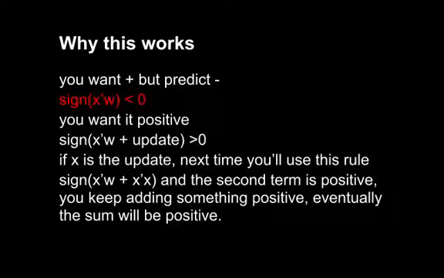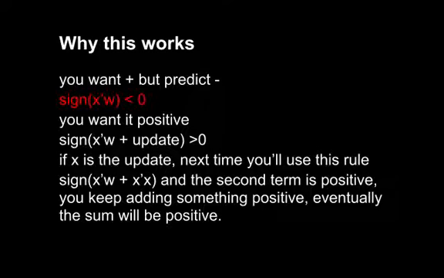We were on the wrong side. We want that sign to be positive. So we're going to add something into it so that if we saw the same x again, it would be positive. So it has to be something that's positive when you multiply it by x. So what we do is we add in x. Because when you dot product it with itself, you take all those things and you square them and add them up, that'll take any number and make it positive. It's guaranteed to be positive because of how the dot product works.